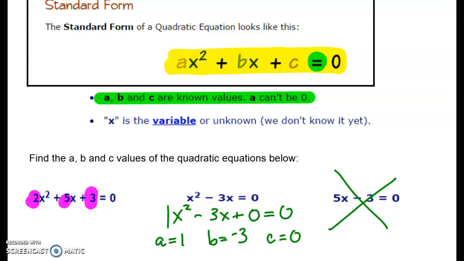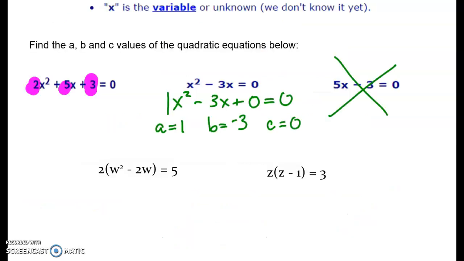If I scroll down just a little bit further on your page, here we've also got quadratic equations, because this first one anyways has a w squared, obviously, but it is not in standard form. It is not easy to see the a, the b, and the c. So this requires a little bit of math work before you can identify the a, the b, and the c. Here we see we need to distribute the 2 throughout.